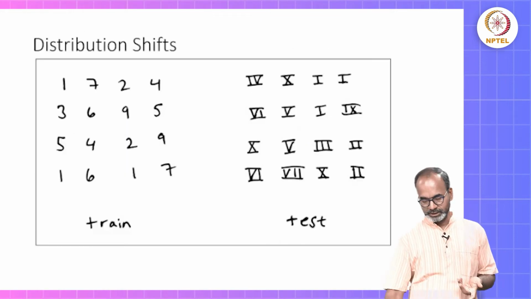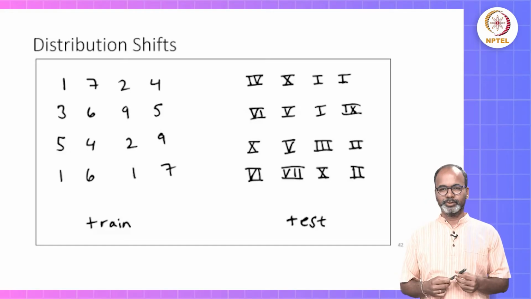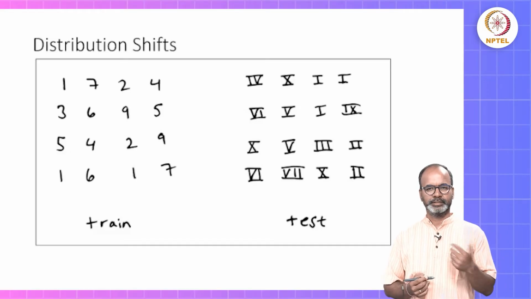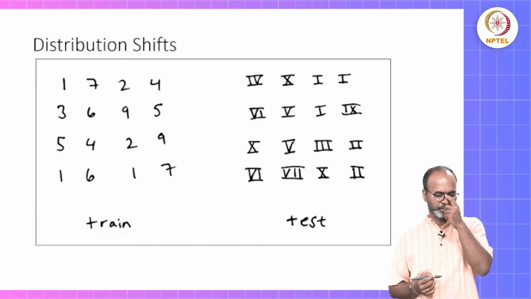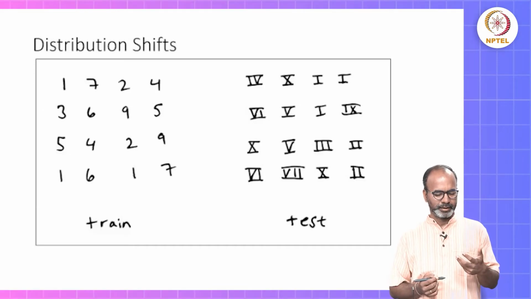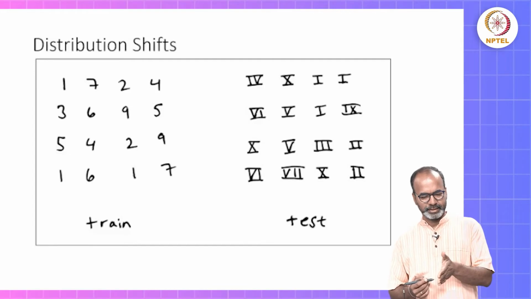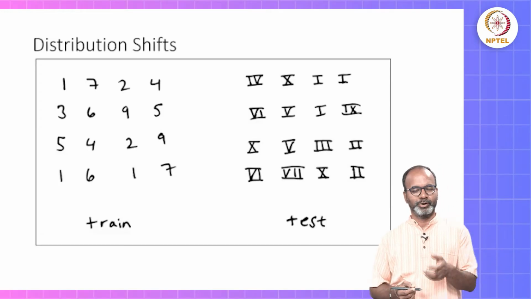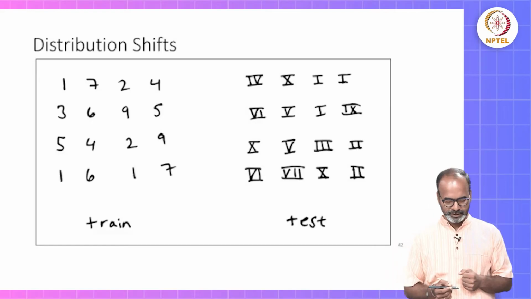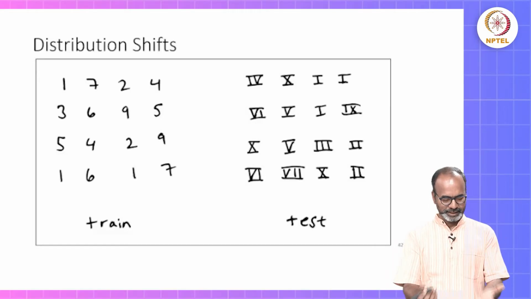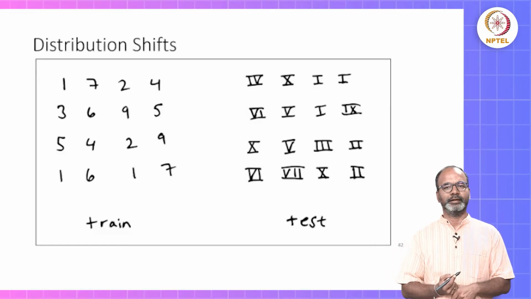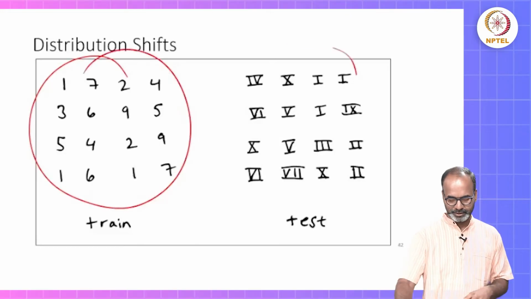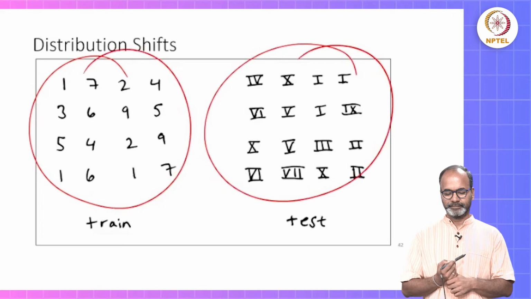As part of the robustness idea, we'll also look at this idea called distribution shifts. Distribution shifts will come in handy when we think about robustness, and when we move to adversarial attacks, it will help you build on this idea. The idea is that the train is on a particular data, and the test is completely different.